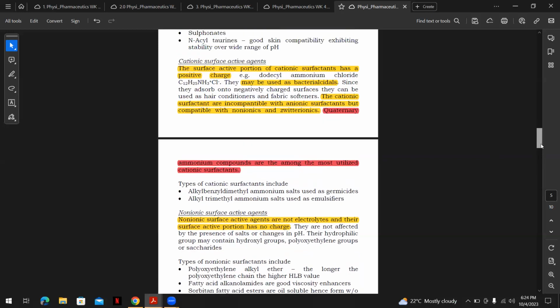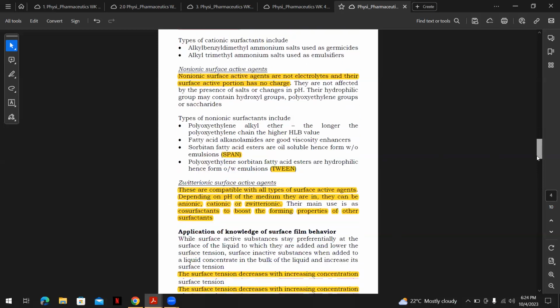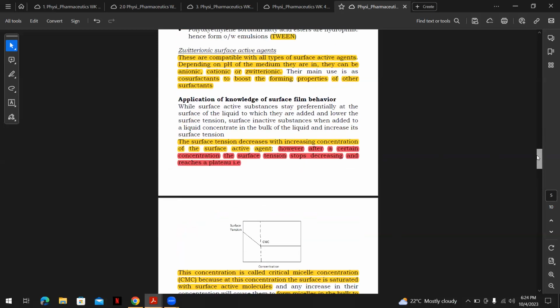Oh, and I forgot to mention that quaternary ammonium compounds are among the most utilized cationic surfactants. So yeah, that is very important.